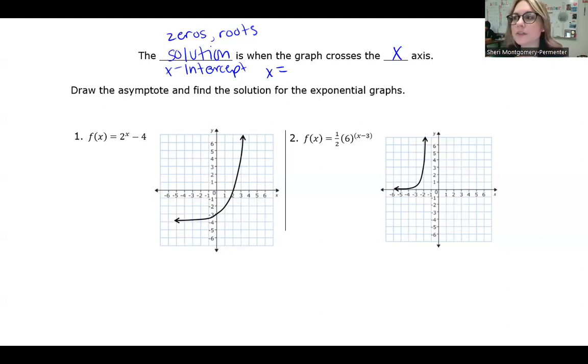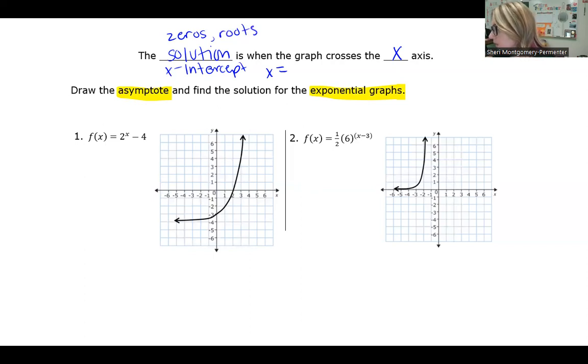The first part of these questions tells you to draw an asymptote. It's an asymptote for an exponential. So go look on your day one notes, the exponential graph that we made, the one on the left. On that graph, what kind of asymptote was it?